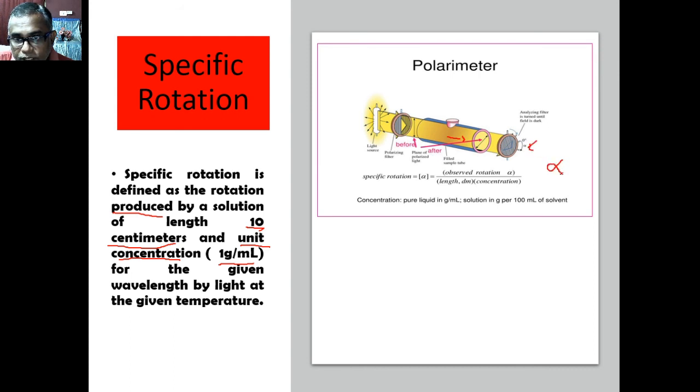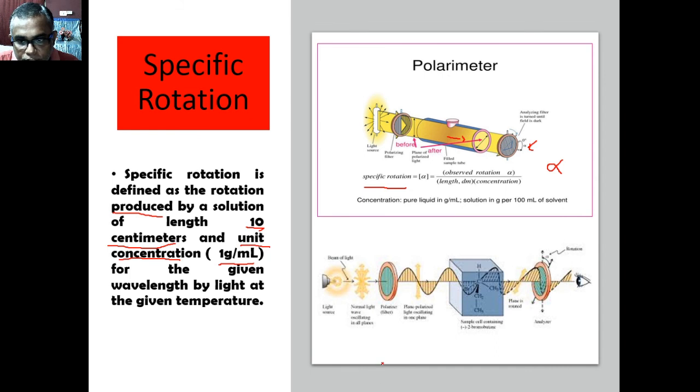So specific rotation, with the symbol alpha, is equal to the observed rotation divided by the length in decimeter and the concentration. The concentration is for a pure liquid in gram per solution, or for a solution in gram per 100 ml of the solvent. This specific rotation is considered to be the most accurate value for any stereoisomer.